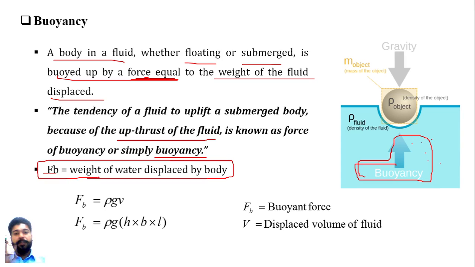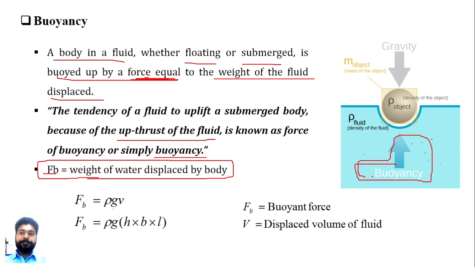The buoyant force acting in the upward direction on the body equals the weight of water displaced by the body. So buoyant force equals rho g V, where rho is the density of fluid, g is gravitational acceleration, and V is the volume displaced by the fluid.